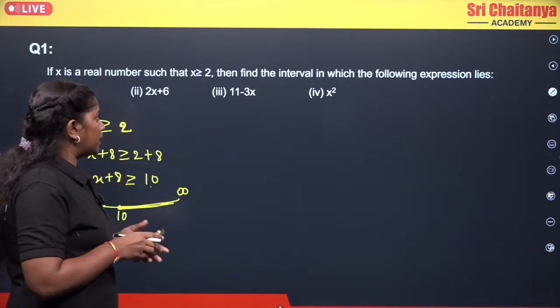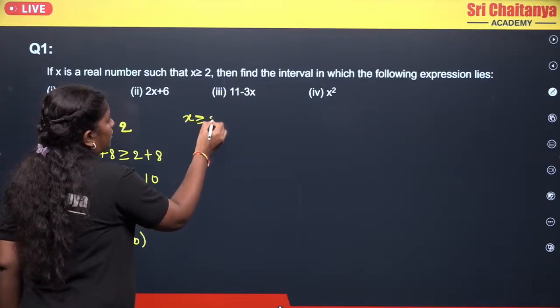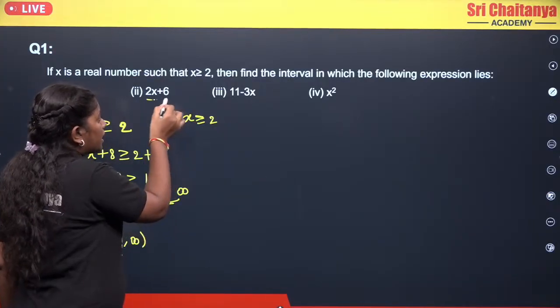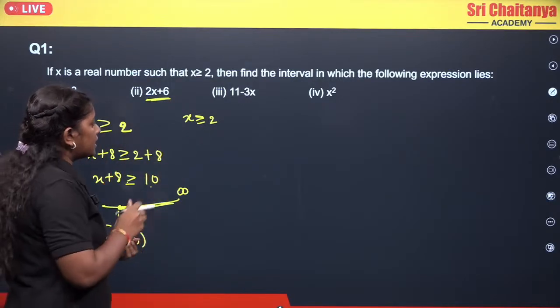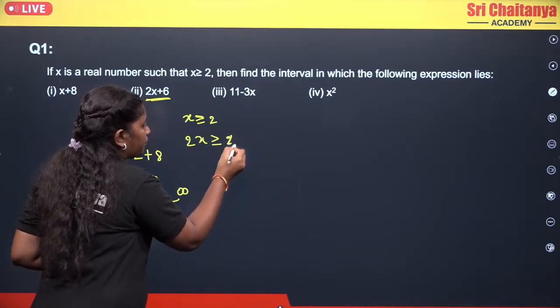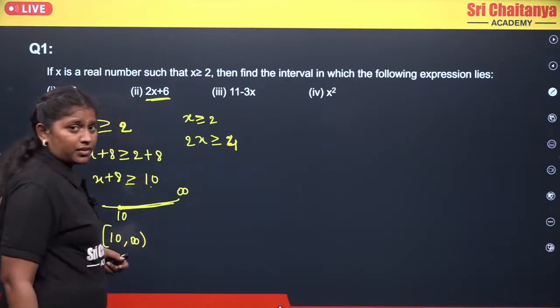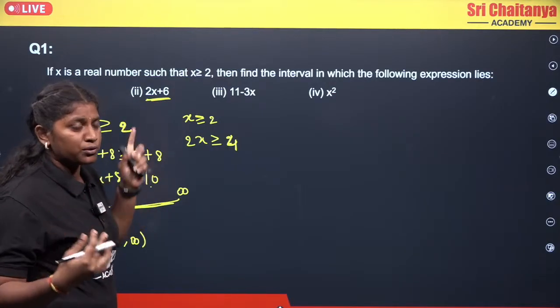Now let's check 2x plus 6. Same condition, x is greater than or equal to 2. Now they are asking about 2x plus 6. We have x, so from there just get 2x. Multiplying with the positive number, 2 into 2 becomes 4. Now plus 6, so we need to add 6 on both sides.